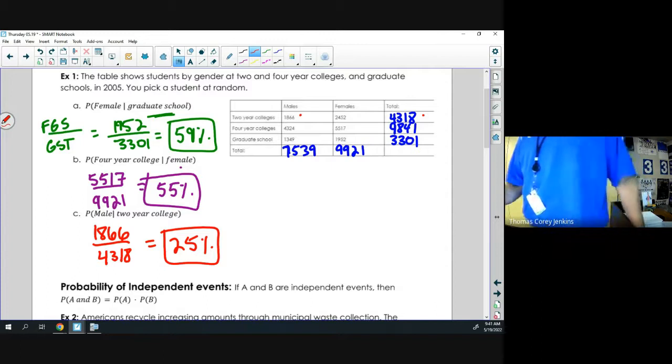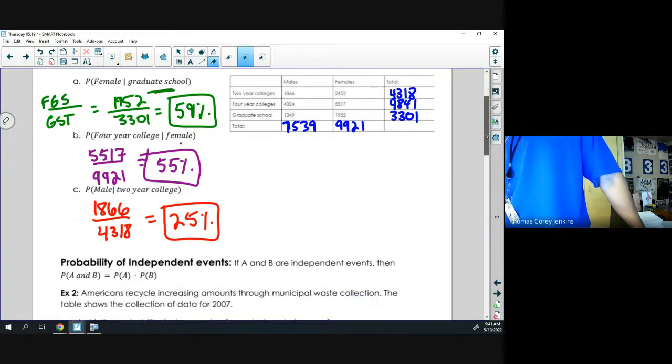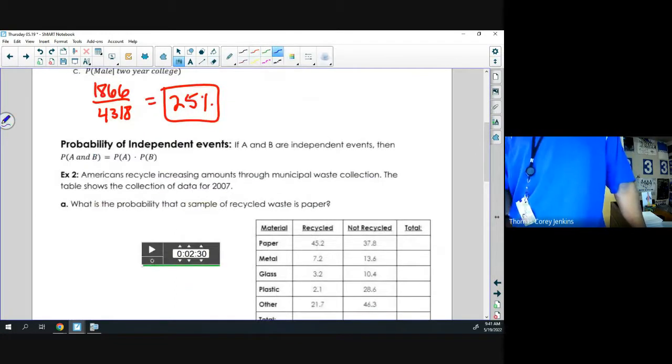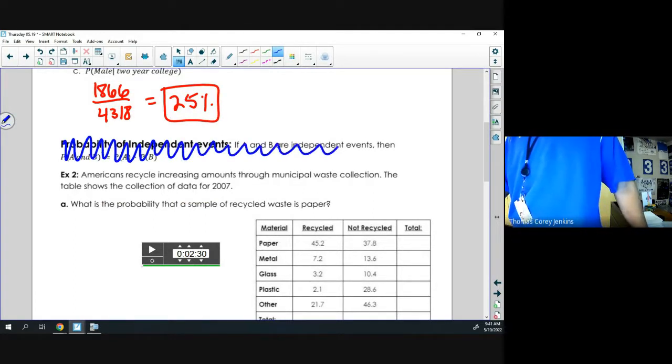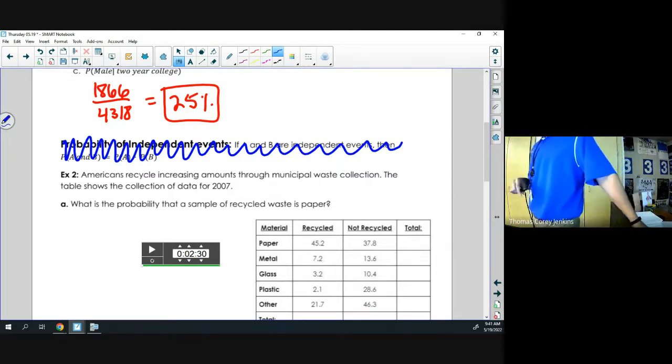All right. I don't really know why this is on here. You can just mark this out, probability of independent events. I think that was an accidental copy paste because we don't really use that. We're just using the same thing the whole way through.